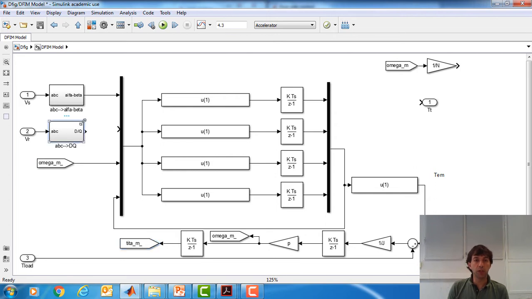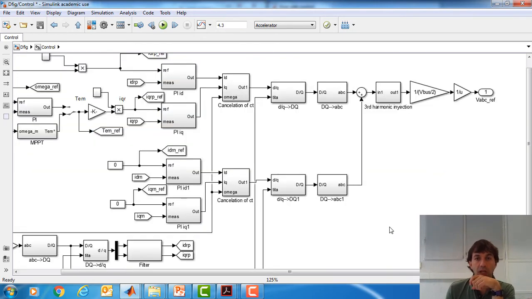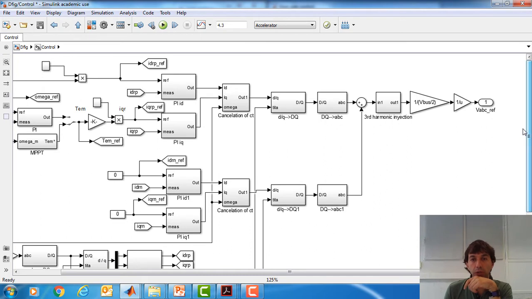The first one that we need to do is for the rotor voltage, because the whole state space equations of the analytical model of this machine is going to be in alpha beta, in a stationary reference frame, like in here, like the stator voltage. So we need to transform this rotor voltage, and we will need one transformation.